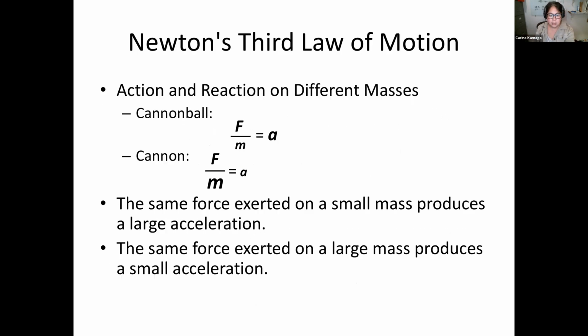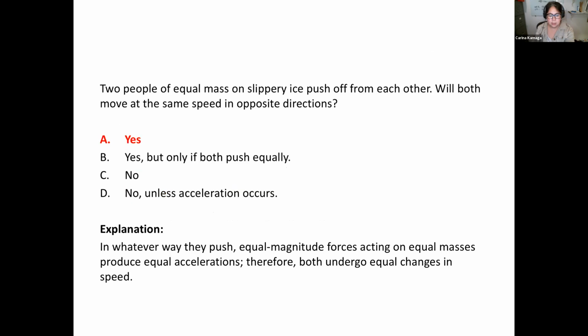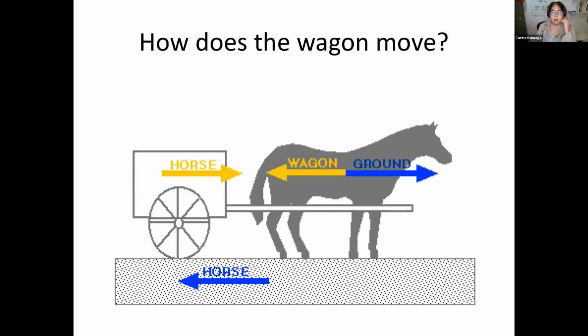So let's look at this thing here. This is how I'm going to end this first video. Here you have a horse that has a wagon, and we say that all forces always come in pairs, and they're going to cancel out.